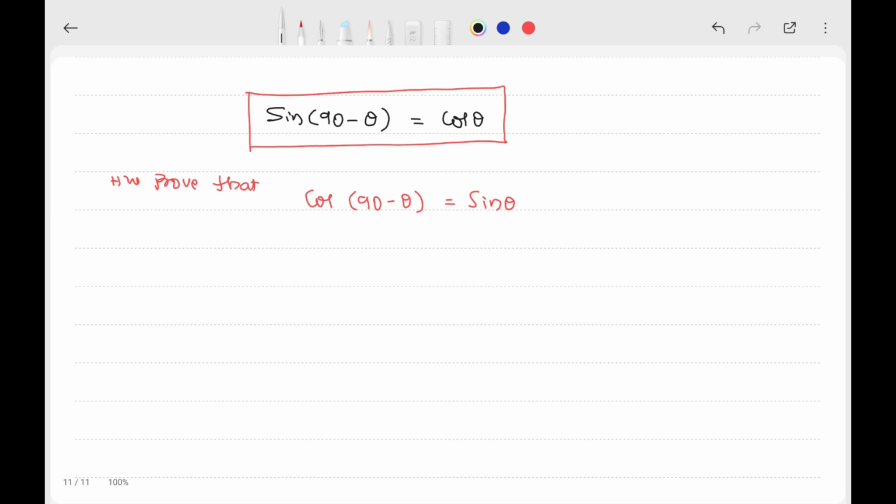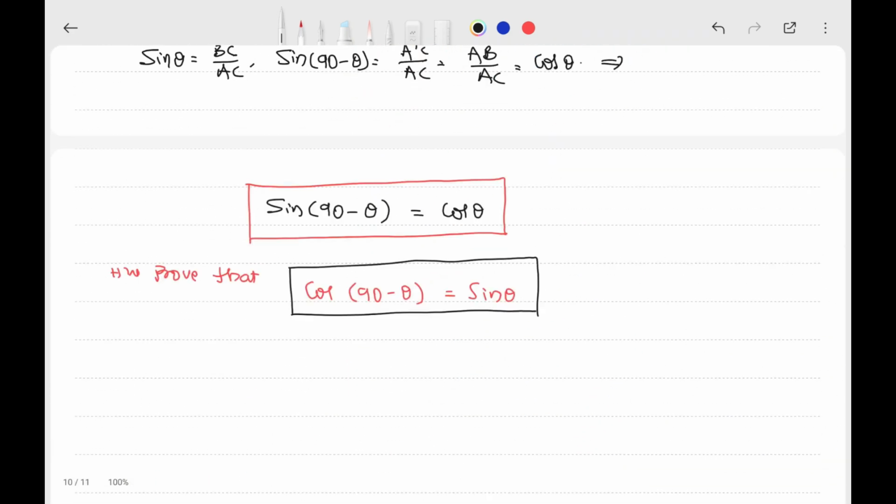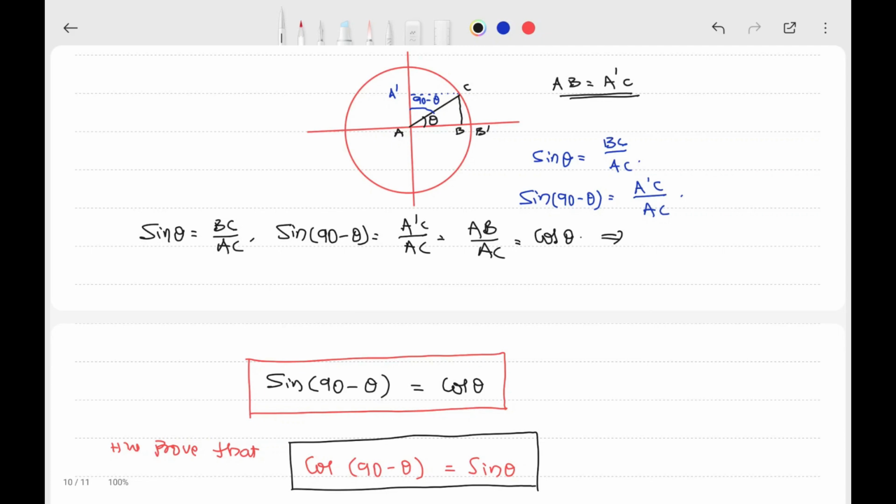Prove this one. You just say cos 90 minus theta means for 90 minus theta, cos is the adjacent side, that is equal to A dash C, which is equal to CB from the geometry, or BC.